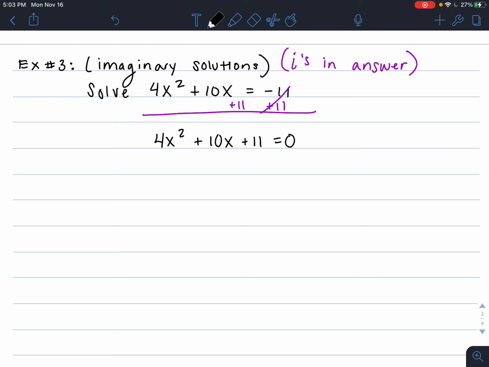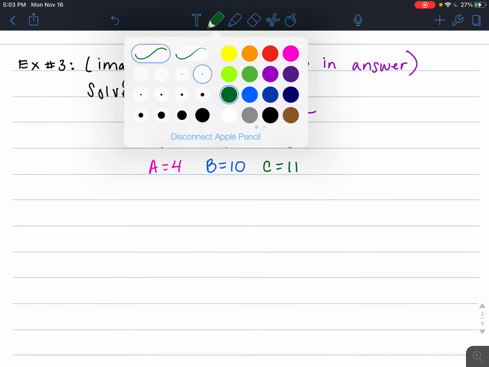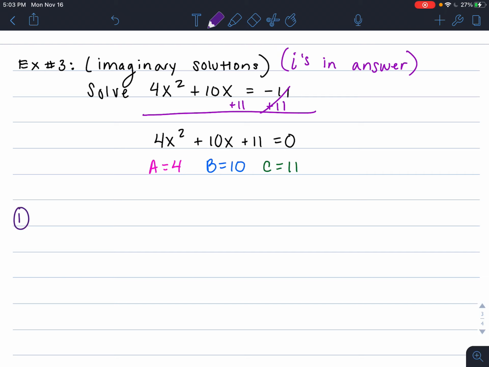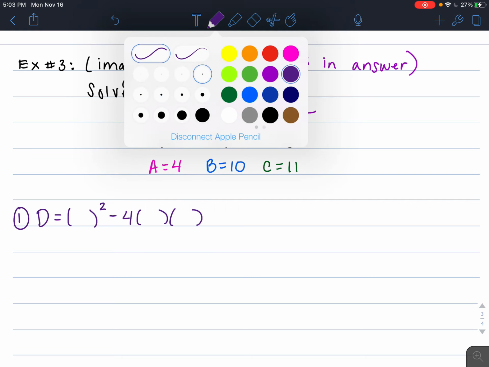So there's no GCF, so I can't reduce anything. So I'm just going to go ahead and start identifying my coefficients. So a is 4, b is 10, and c is equal to 11. And I'm going to use those to find my discriminant first. All right, so b squared minus 4ac.